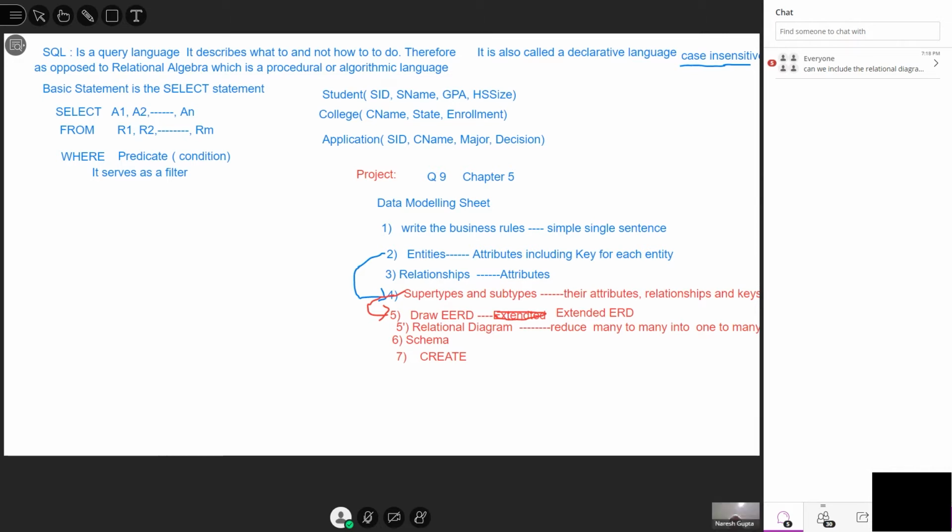Okay. And once we have the schema, then we are going to be ready to create a database, and we are going to talk about that. And that's where we use create statements.